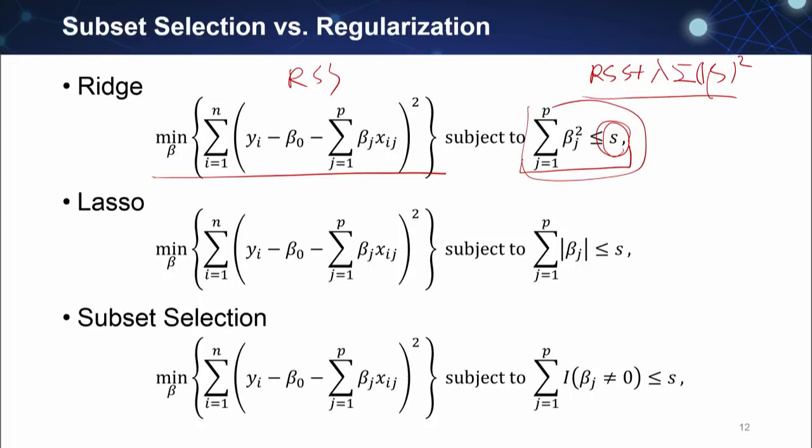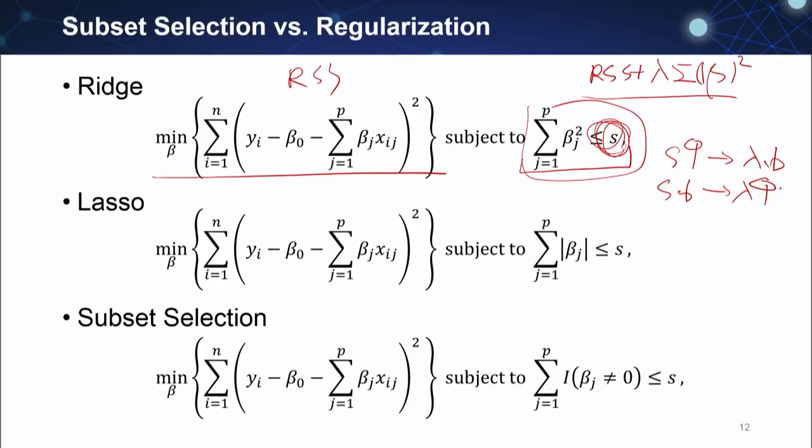By shrinking the coefficient, it reduces the model space, and the flexibility is controlled, in this case, by S. With small S, the model is more regularized, and it becomes less flexible. So that's why a large S means small lambda, and small S means large lambda.